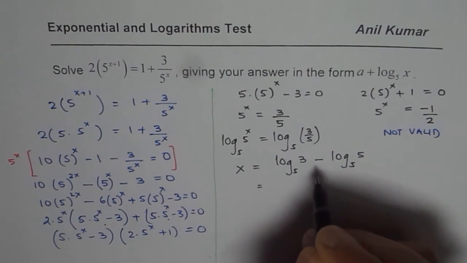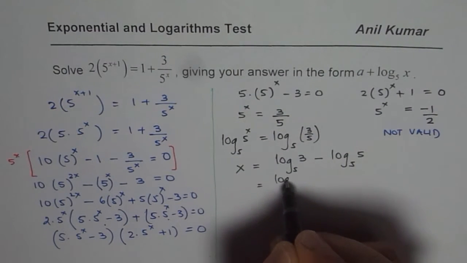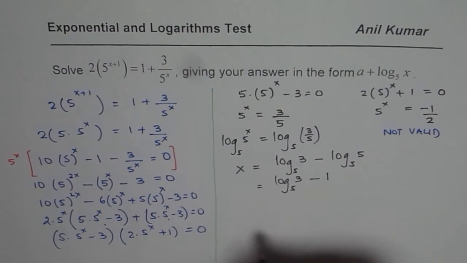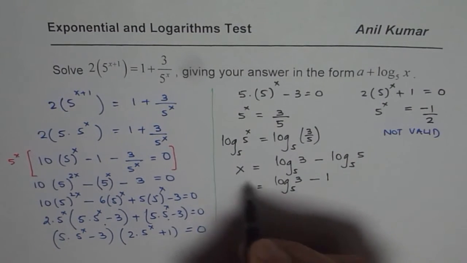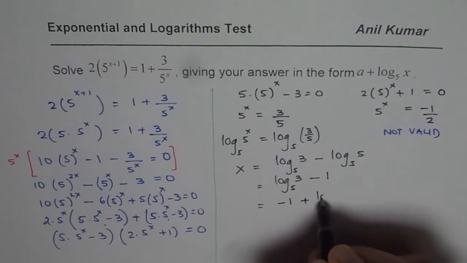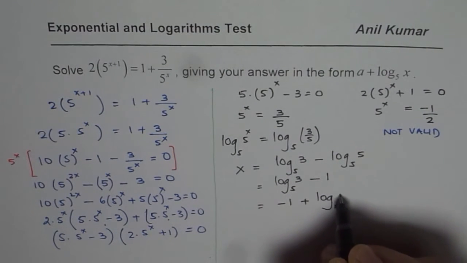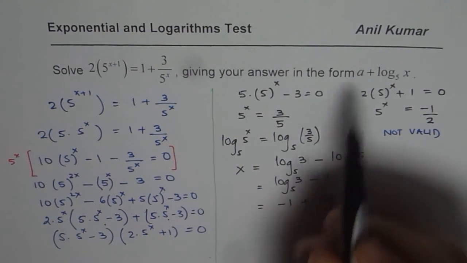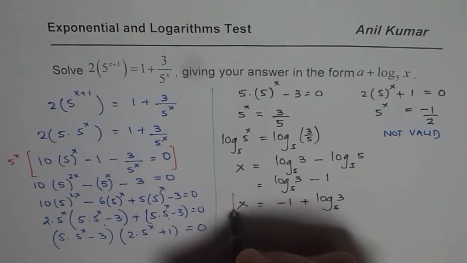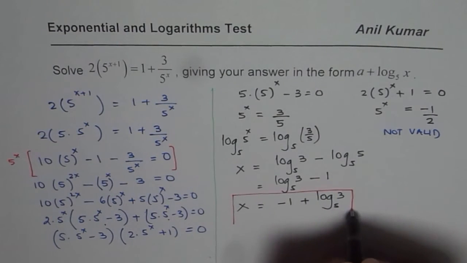So that is log to the base 5 of 3 minus 1, right? So we could write it as minus 1 plus log to the base 5 of 3. That is the form you need, right? So we get that x equals this as our solution. Do you see that?